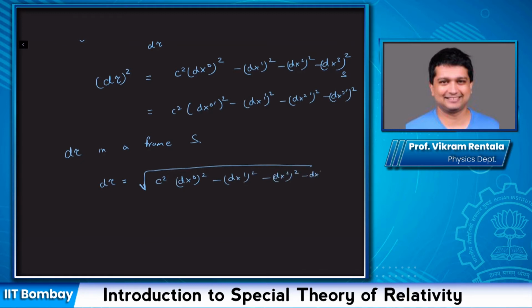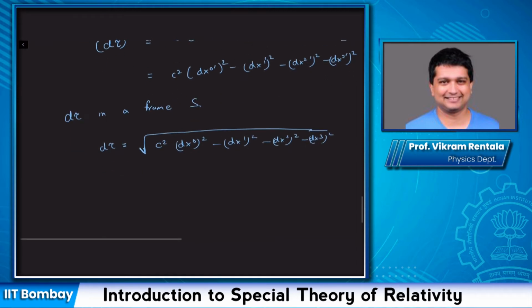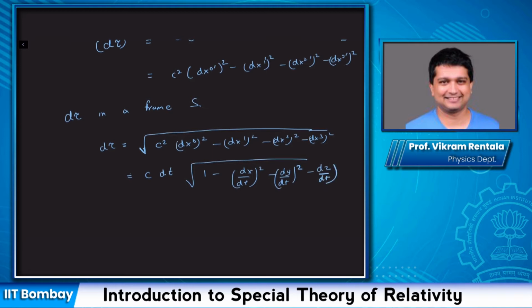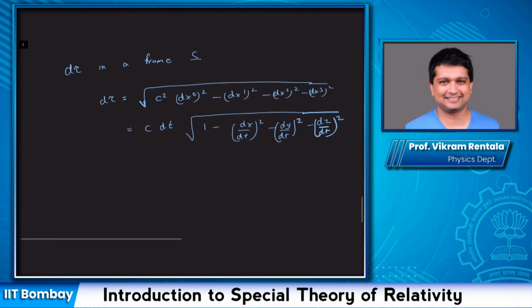And so we would have c² dx0², and now what we can do is write this as c dt, where I've identified dx0 as dt, times the square root of 1 minus (dx/dt)² minus (dy/dt)² minus (dz/dt)².